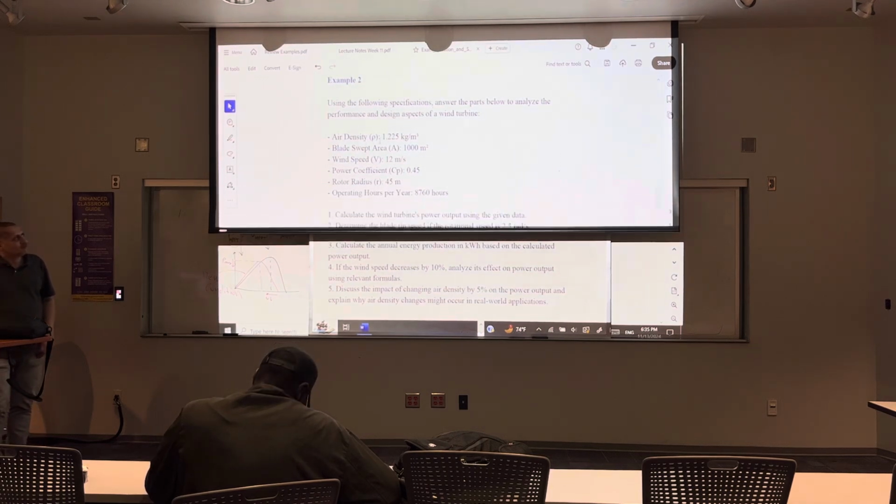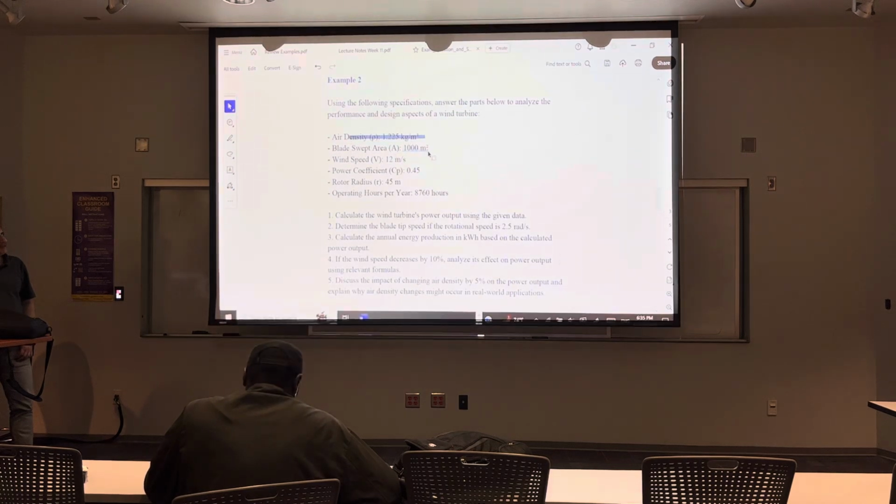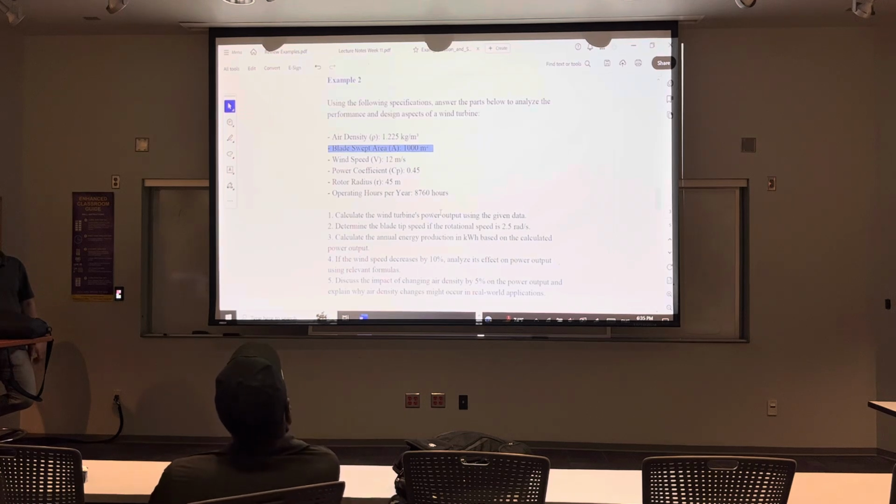Air density 1.225, area given as 1,000 square meters, wind speed 12 meters per second, power coefficient CP 0.45, rotor radius 4.5, so you can calculate the area from this. Operating hours per year: 8760 hours.